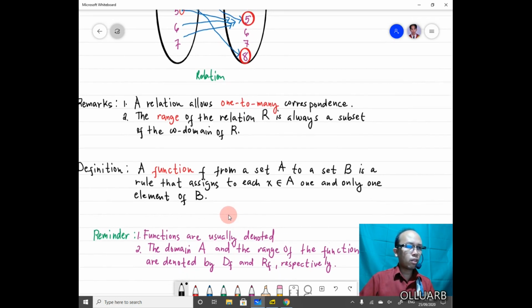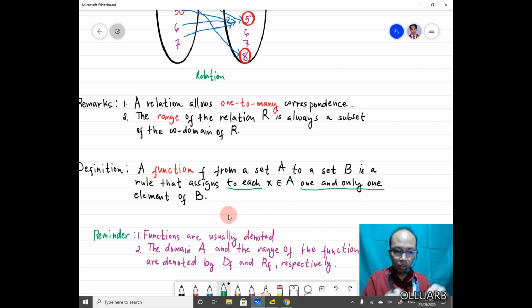So look here again. It says each element, it's just the same as the relation. All of the objects in the domain must have a mapping, but there is a very important phrase here: one and only one element.